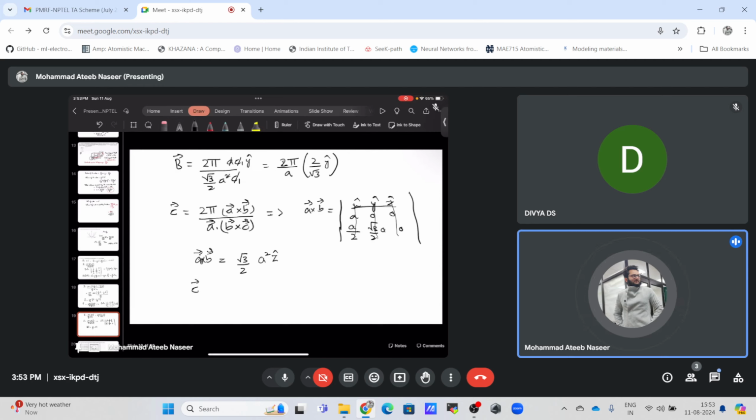So the C vector is simply 2π times √3/2 a² ẑ divided by a · (b × c), which was √3/2 a² c1.